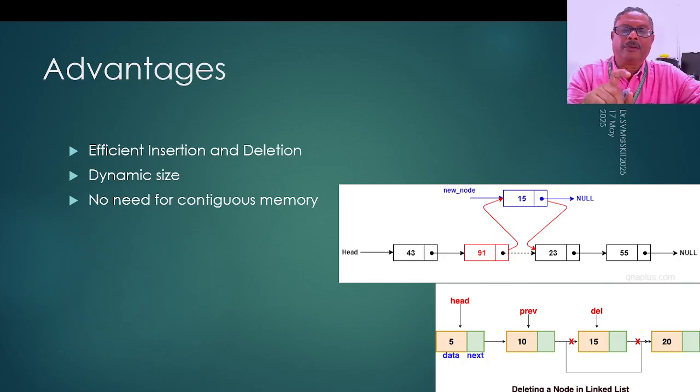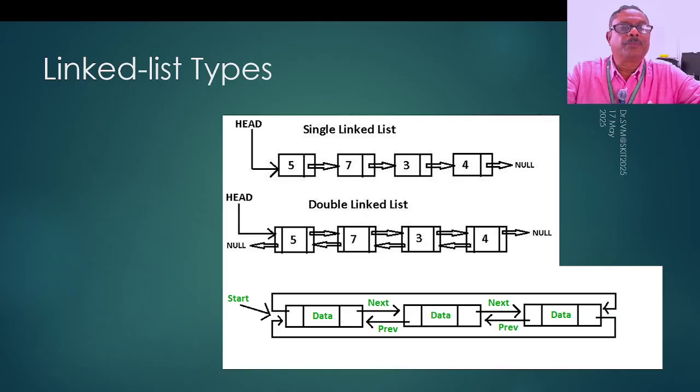Chunks of such contiguous memory, n such chunks, can be used by interconnecting them appropriately to store n data. So contiguous memory is no longer required once we start working with a linked list.